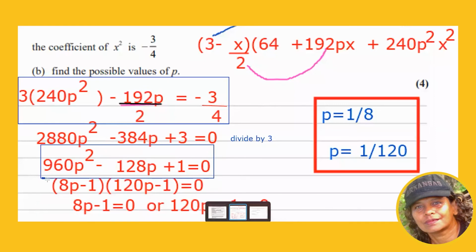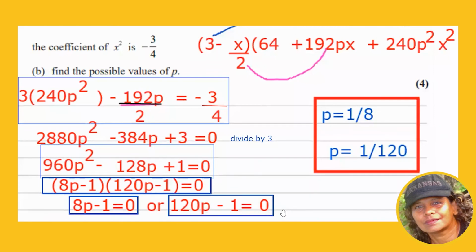We're going to then factorize it into 2 factors. And we all know from our quadratic equations that we can equate each bracket to 0. So here we have 8p minus 1 equals 0, or we have 120p minus 1 equals 0. And when we do that, we're going to end up solving each of those equations. We will have 8p is equal to 1, or we will have 120p is equal to 1.